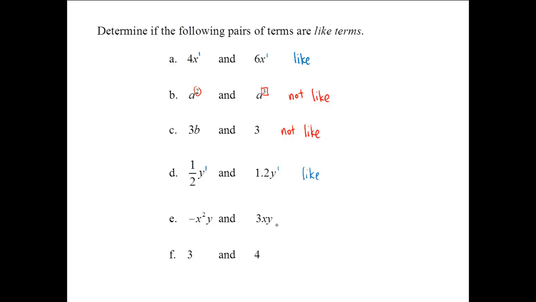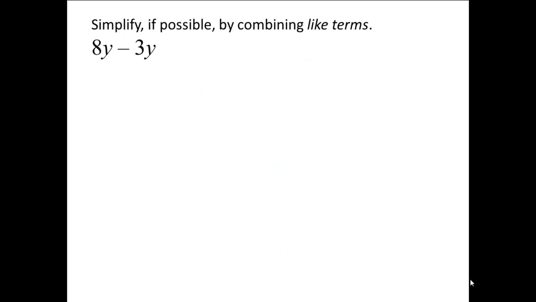The powers of y may match, but the powers of x, here 2 and here implied to be 1, do not match. So these terms are not like terms. 3 and 4, each of these terms is a constant term. They are like.